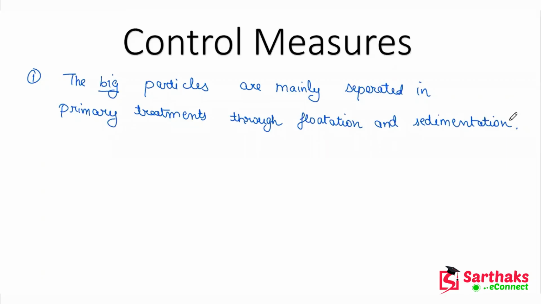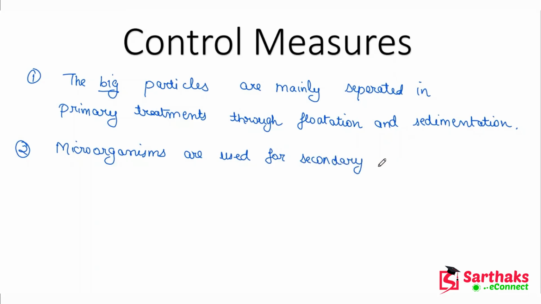Whereas microorganisms are used for secondary treatment, such as the oxidation chamber, which separates using microorganisms, or the activated sludge process.